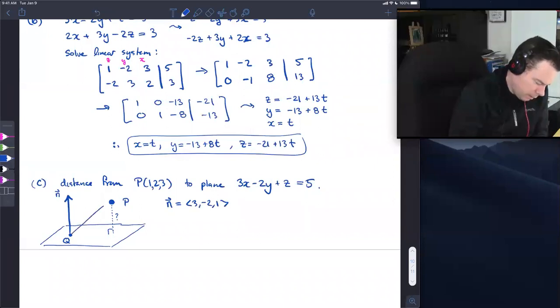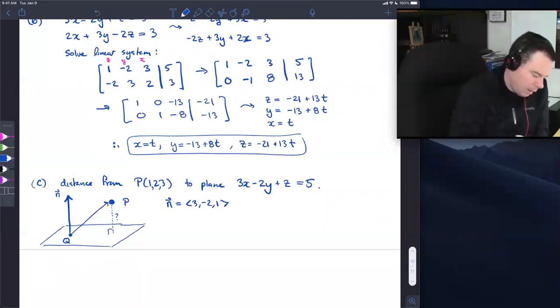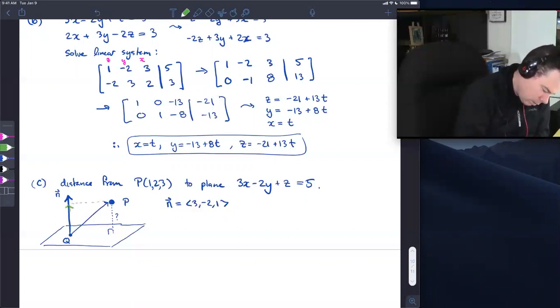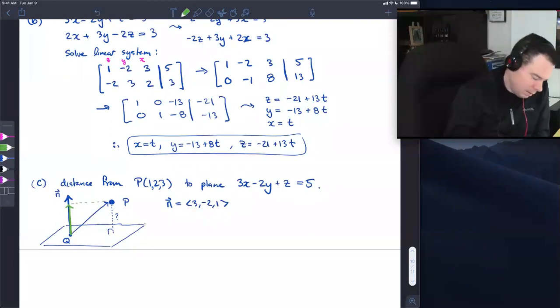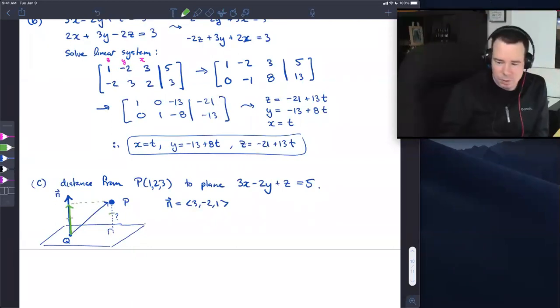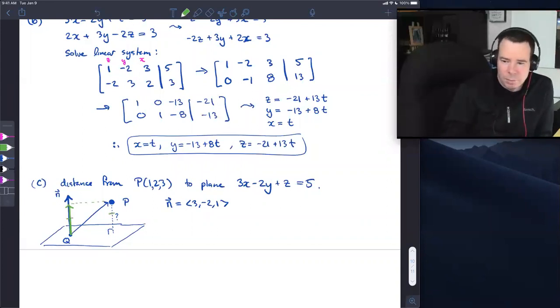I can look at that vector that goes from that point Q out to that point P, and then I can take its projection onto the normal. And the length of this projection is just the length of this vertical line segment going up from the point under P on the plane up to it.